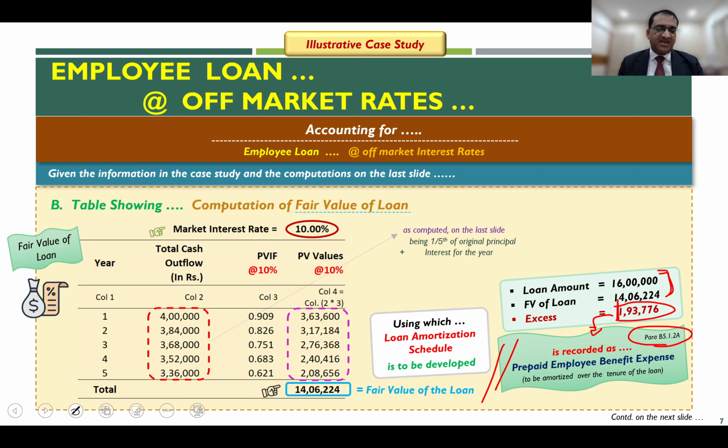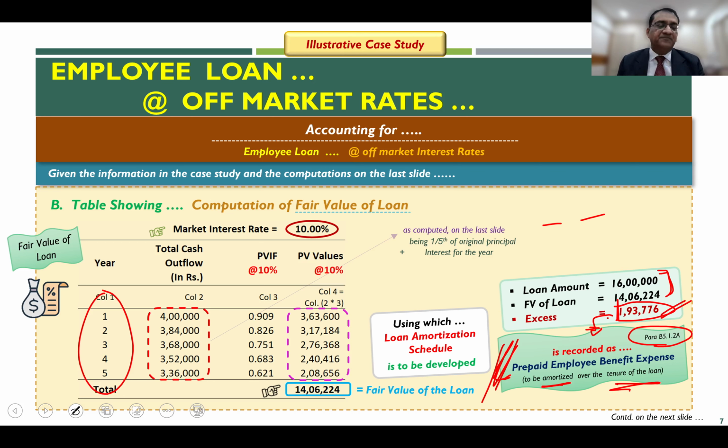Now in this case, because the parties involved are employer and employee, this excess can be recorded as a prepaid employee benefit expense, and this prepaid employee benefit expense needs to be amortized over the tenure of the loan. That means the amount of this 193,776 will be amortized, say in this case on a straight line basis for each of the year during which the loan subsists.